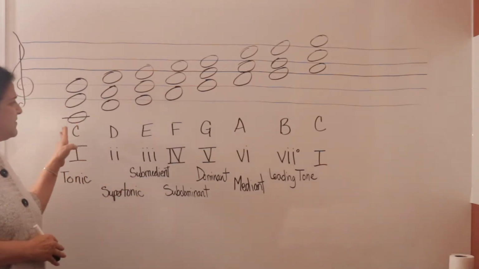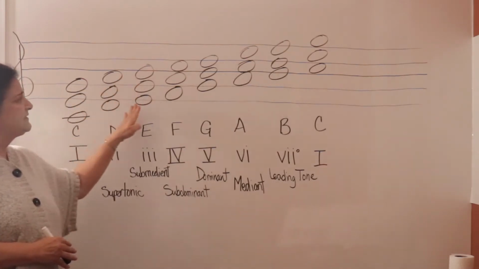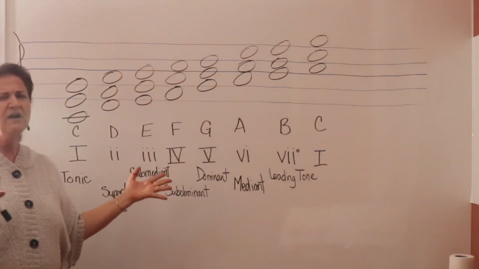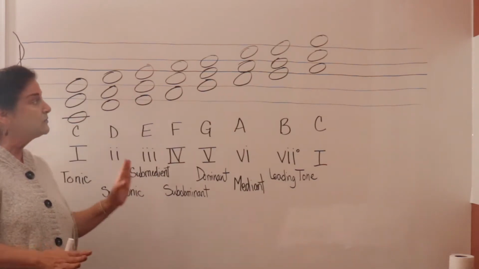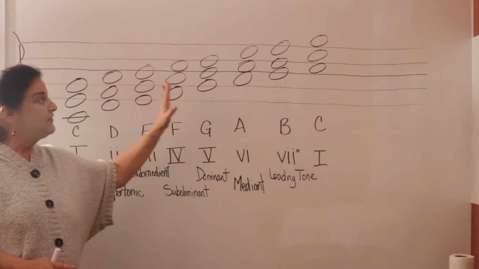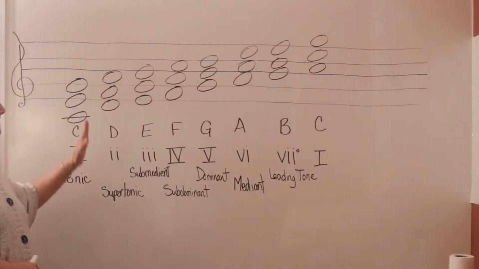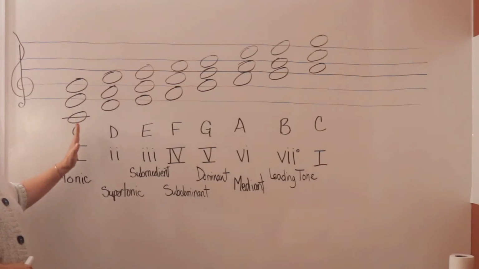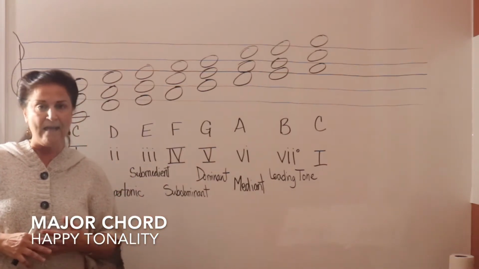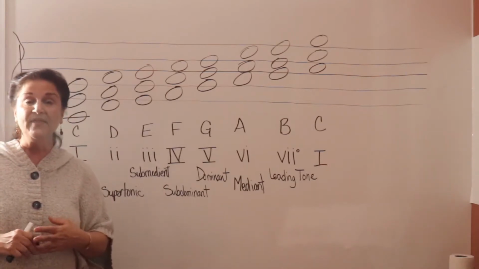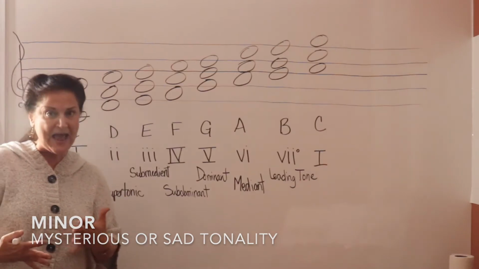It comes out that if I build a chord on each of these scale steps, using all the natural keys, all the white keys, not altering any notes to play these notes that I've written there, there's a series of them that have that major, happy tonality, and some that are minor, which is that more mysterious or sad.